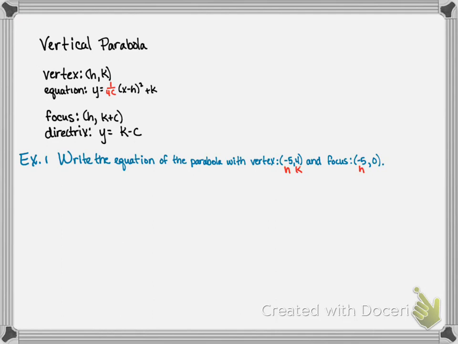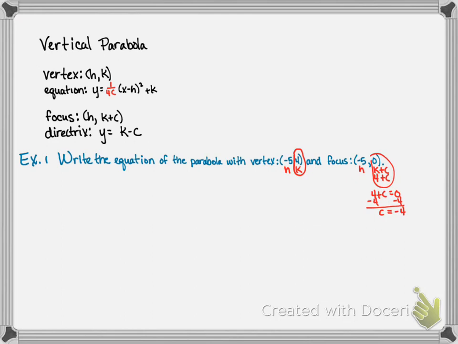Our h is the same value, it's negative 5 again, and this y value is k plus c. But remember, k is 4, so it's 4 plus c. So now I can use this information that 4 plus c equals 0 to solve for c. c must equal negative 4.